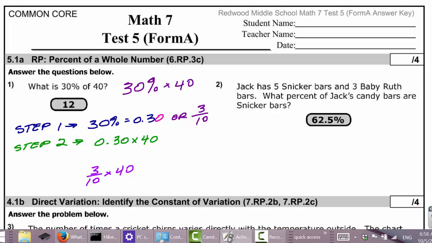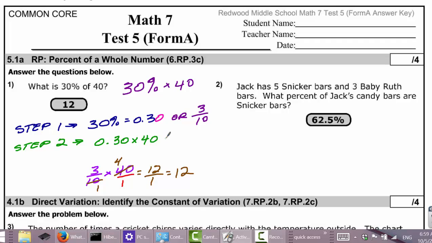Now you remember from elementary school, they told you if you're multiplying with fractions and you have a fraction times a whole number, put that whole number over 1 so it's easier to follow. In this case, we can go ahead and do some canceling. 10 goes into 40 4 times, 10 goes into 10 one time, 3 times 4 is 12, 1 times 1 is 1. That gives us our 12.